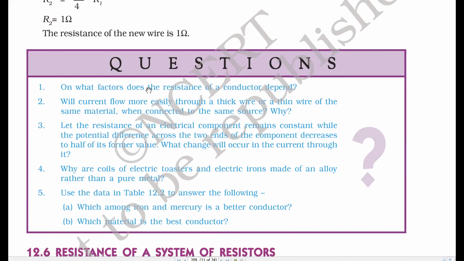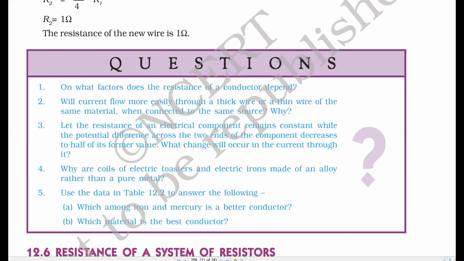So first question is, on what factors does the resistance of a conductor depend? What should we write here? Answer. Ma'am, it depends on the length of the conductor, material of the conductor, nature of the conductor, temperature of the conductor, and area of cross section.